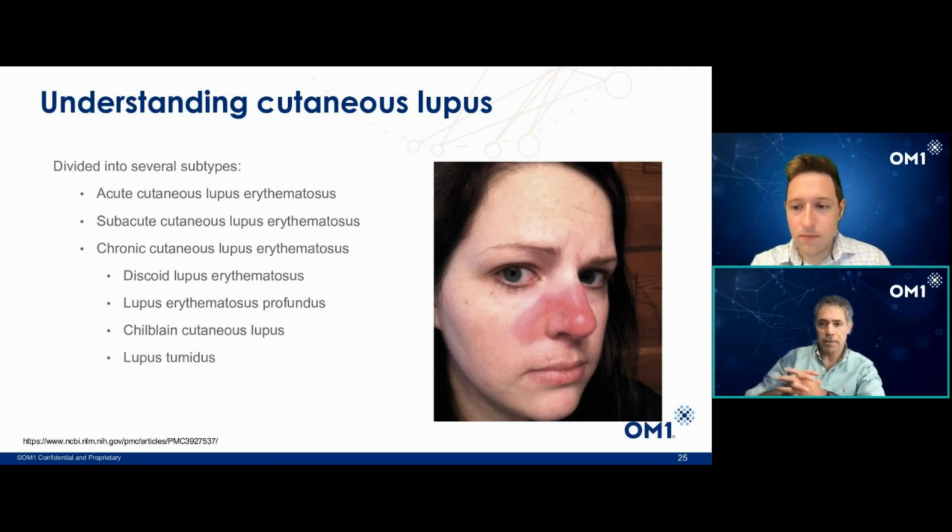And then chronic cutaneous lupus is really what most people are suffering from when they have this disorder, and that gets divided into a number of different types: discoid lupus, lupus erythematosus profundus, chilblains, and then lupus tumidus. So again, we can't really think about cutaneous lupus as a single disease, but more a disease that is autoimmune related and the many ways that it targets the skin.